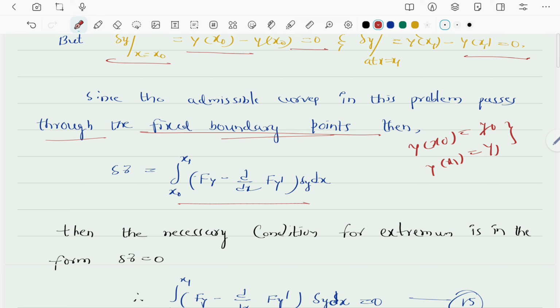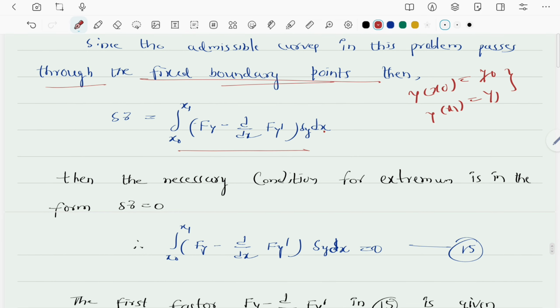Therefore, the necessary condition for the extremum is that the variation delta gamma is equal to 0. Since we know that delta gamma is equal to phi dash of alpha, where phi dash of alpha at alpha equal to 0 is equivalent to 0, the variation vanishes.